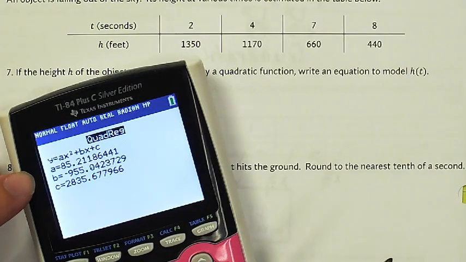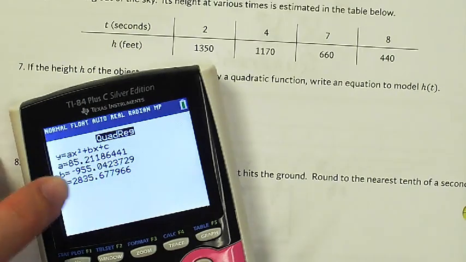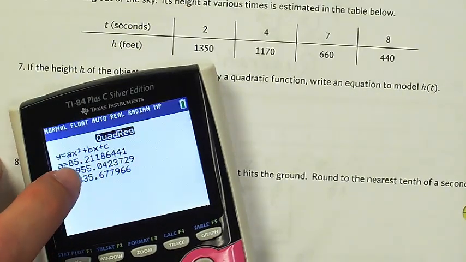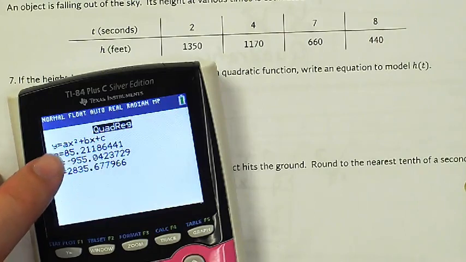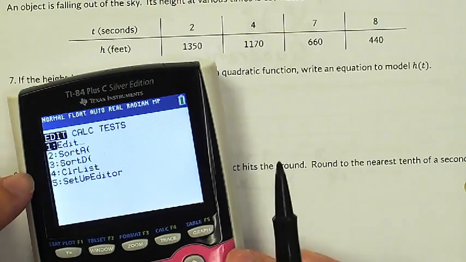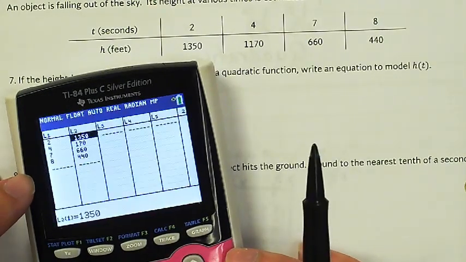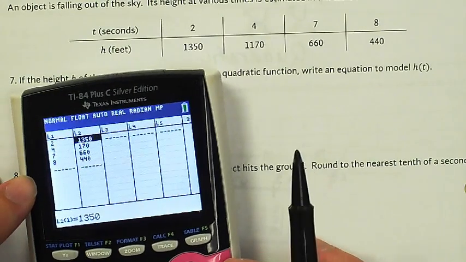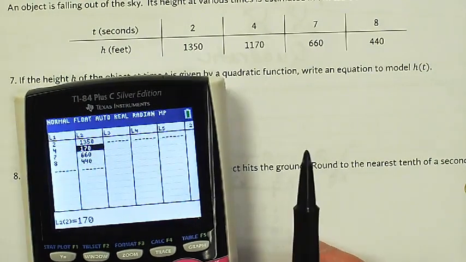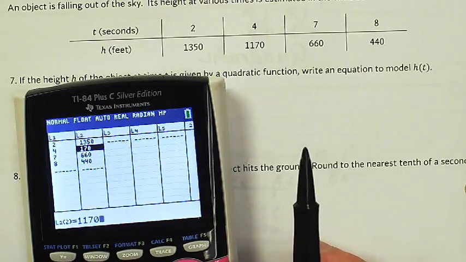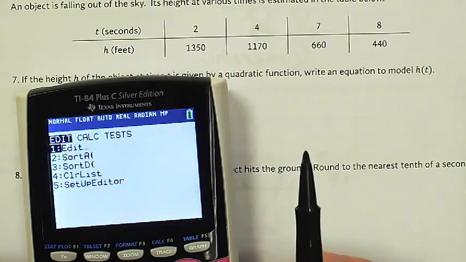And we've got, whoa, I've typed something in wrong here, right? That should be a negative quadratic. Okay, let's see what I did here. Let's edit the lists. 2, 4, 7, and 8. 1350, 1170. Those double numbers in this calculator prove really troublesome.